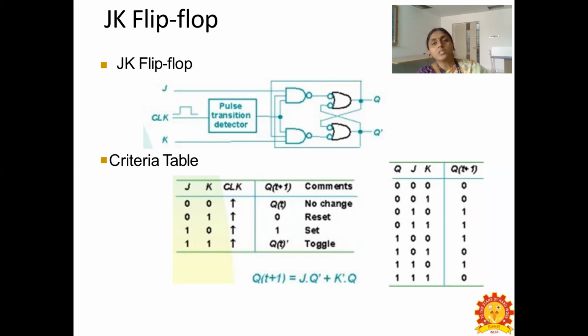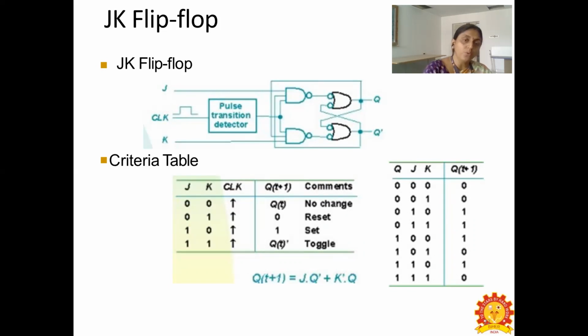And when J value is 0 and K value is 1 and there is a positive clock pulse, your next state value will be 0, which is the reset condition. And when J value is 1 and K value is 0 and there is a positive clock pulse, then the next state value will be 1, which is the set condition.